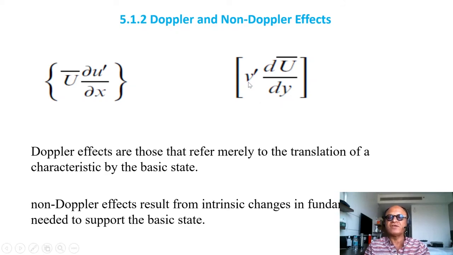So you can think of this as meridional advection of the mean state, meridional gradient of the zonal geostrophic current by the meridional perturbation velocity.